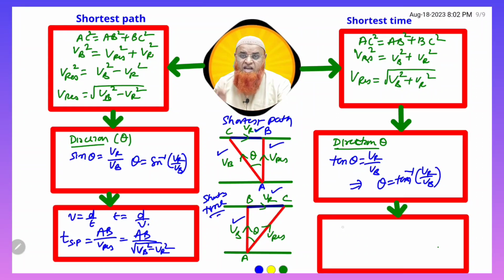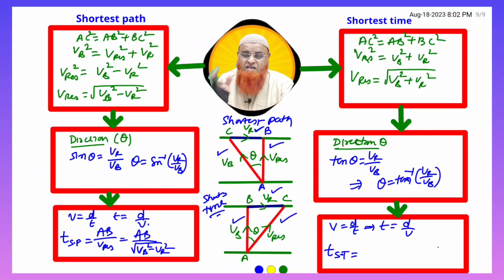Now we have to find the time along the shortest time. Here also velocity is equal to distance by time, so time is equal to distance by velocity. Here distance is AC, the actual path the boat is taking. AC is the direction with which the boat is traveling now.